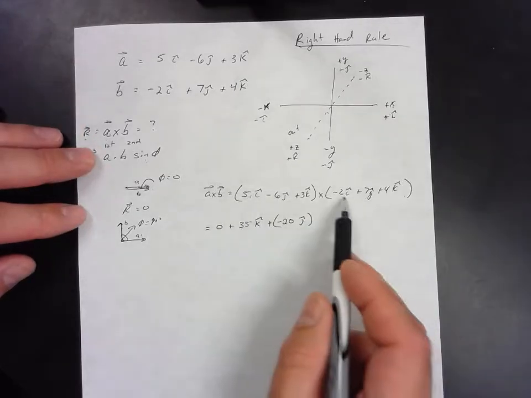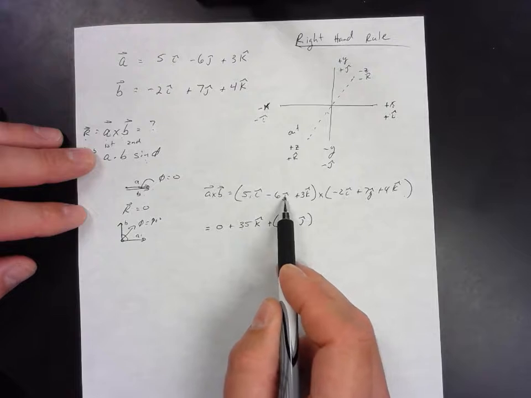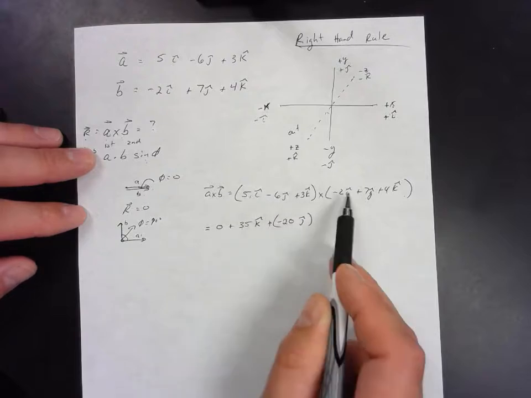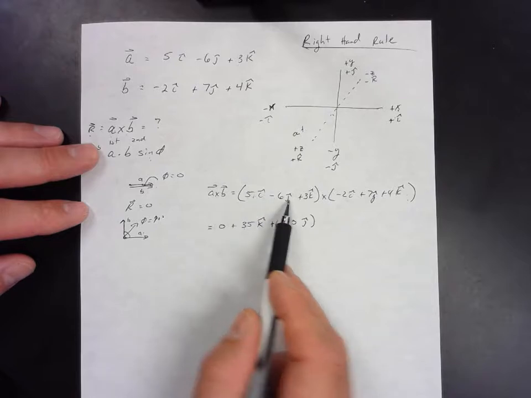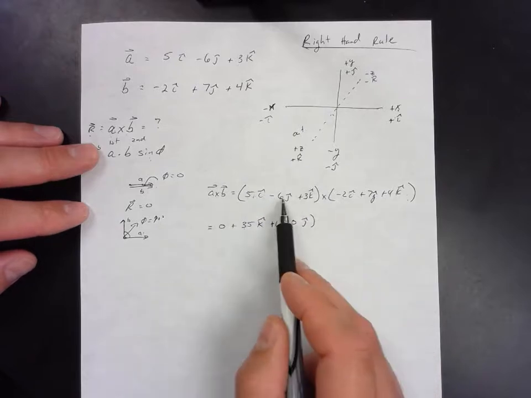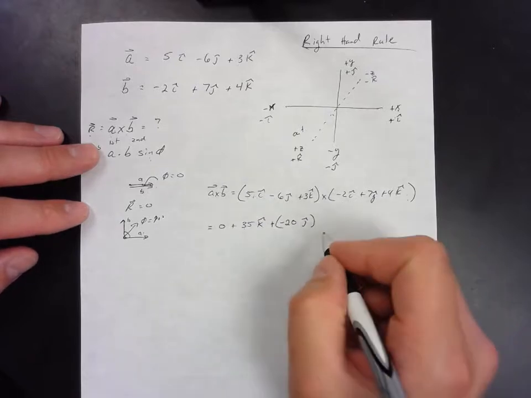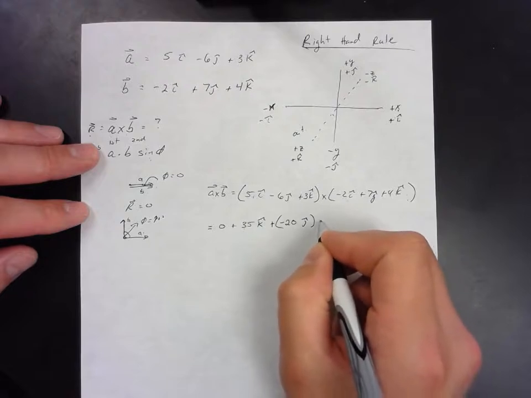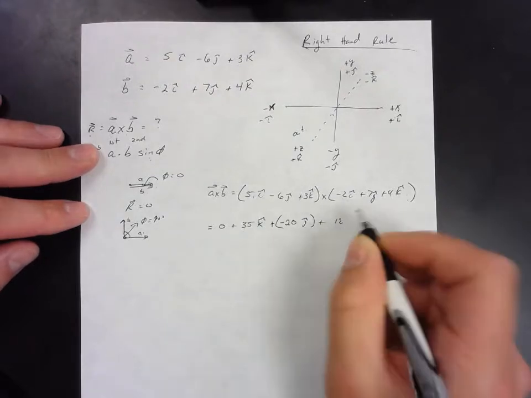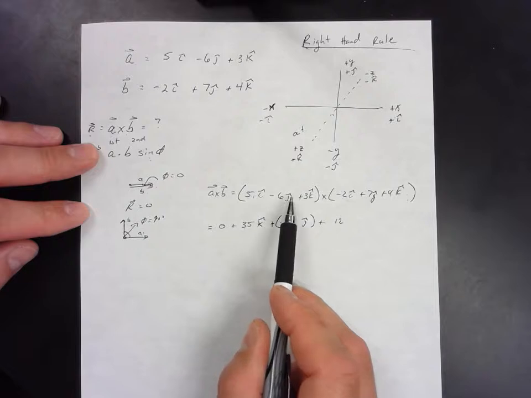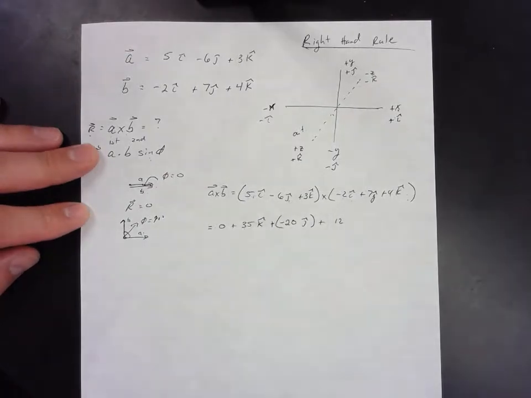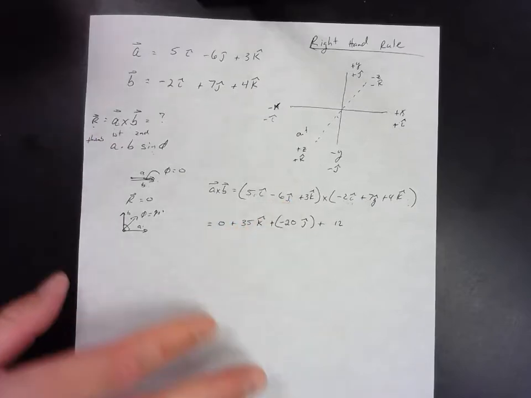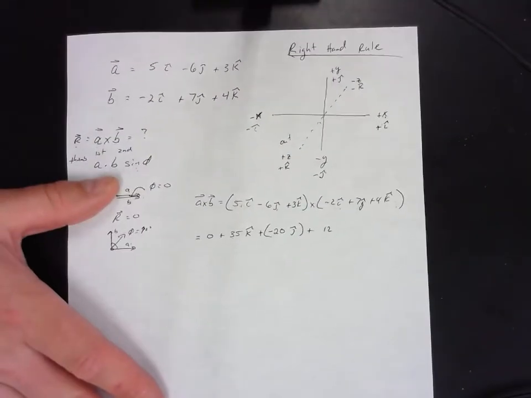So now I've crossed each of those values. Now I got to take this negative 6 and cross it across those three. All right, so here we have a negative 6J times a negative 2I, so the 6 times 2 is 12. And now I have to cross J and I. So it's a negative J, so this is the first vector, so it has to be my first finger.